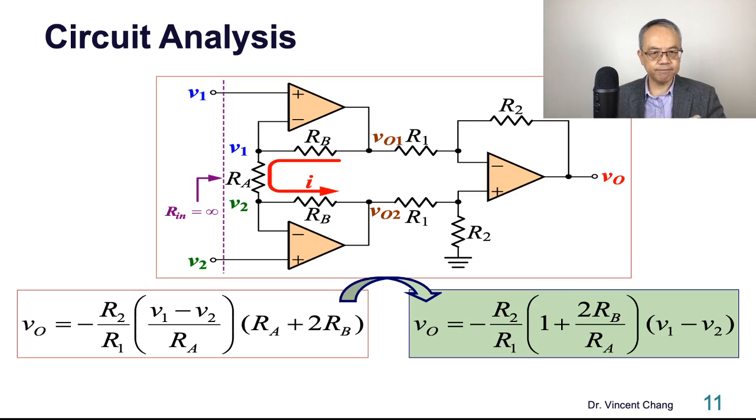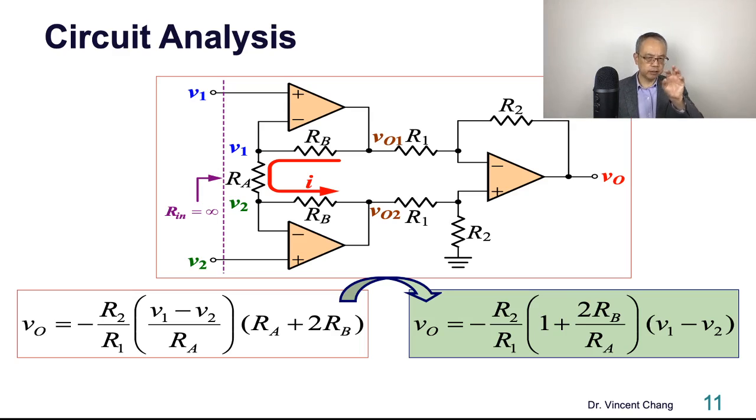So what's the gain? The gain is negative R2 over R1 times 1 plus 2RB over RA. High differential gain and high input resistance, you can have both.